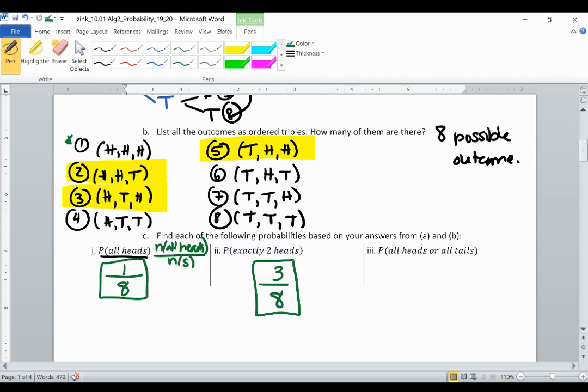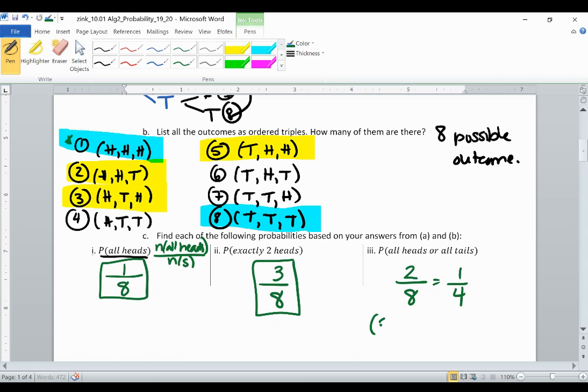And the last one here says the probability of getting all heads or all tails. So I've got, this one is all tails, this one is all heads. So the probability of getting one of those is 2 out of 8, which reduces to 1/4.